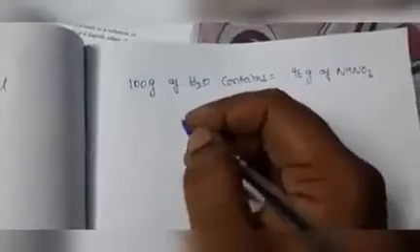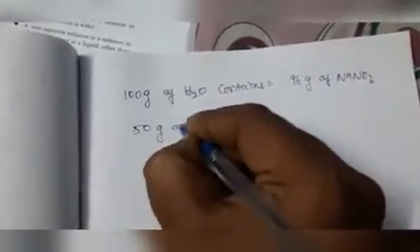Then 50 grams of H2O contains how many grams of NaNO3? 96 into 50 divided by 100, that is 48 grams of NaNO3.